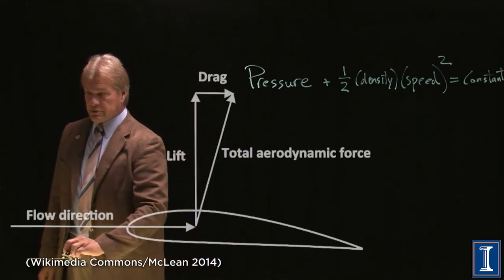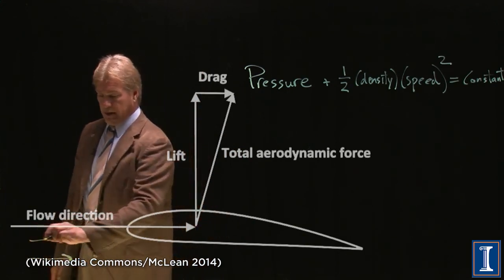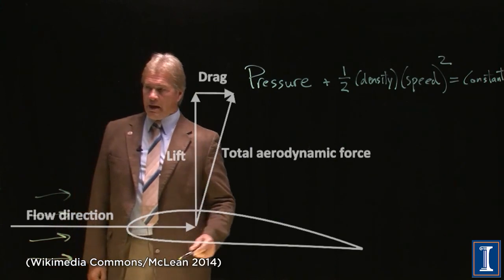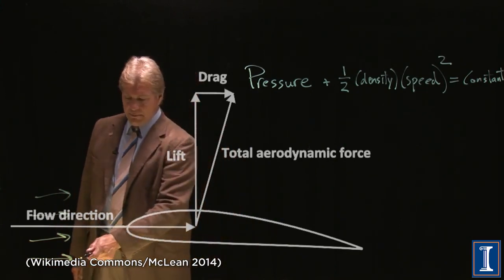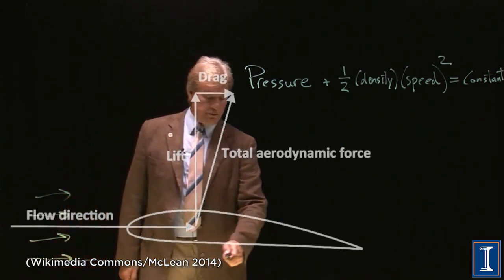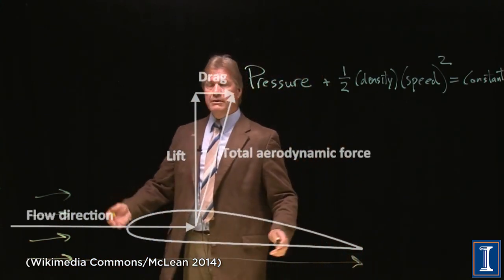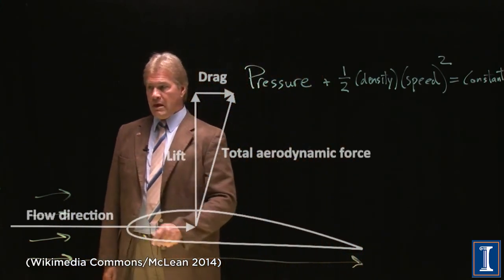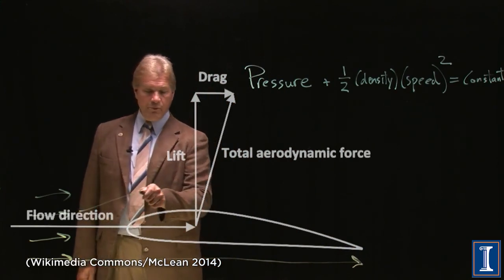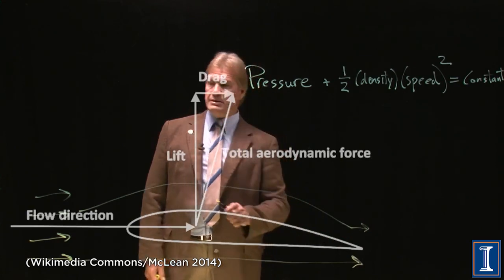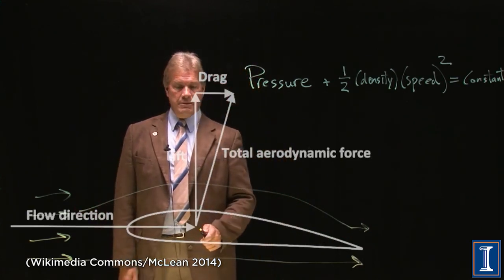The wind is blowing this way, because the airplane is moving that way. And along the bottom, this can just go straight, because the airplane wing is flat. But along the top of the wing, the air has to take a curved path.